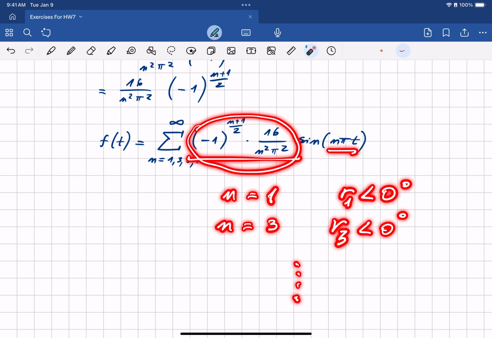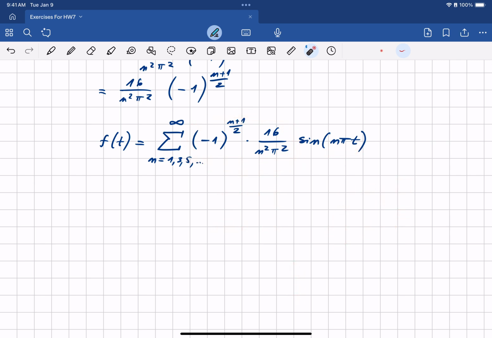And as we go up with n, the smaller the magnitude, because n is in the denominator here. So the harmonics for this function are decreasing as we go up with the n count. So the more elements that we add, it's less information every time that we're adding to the signal.